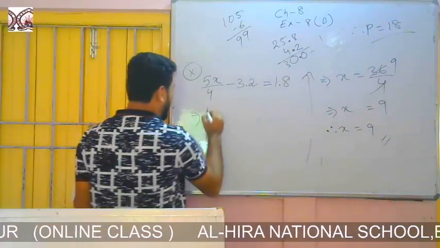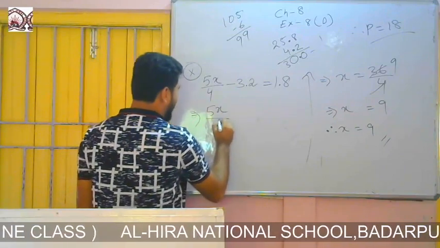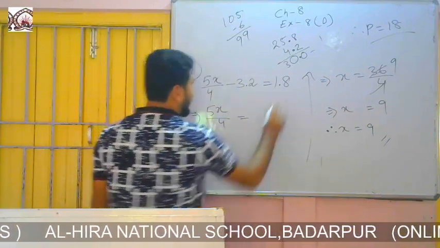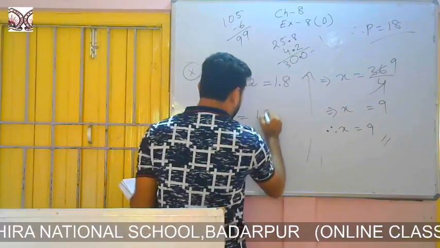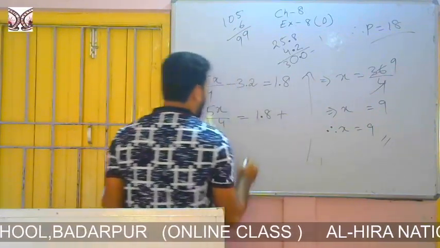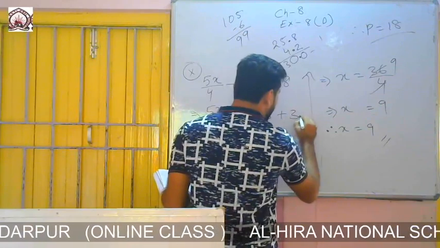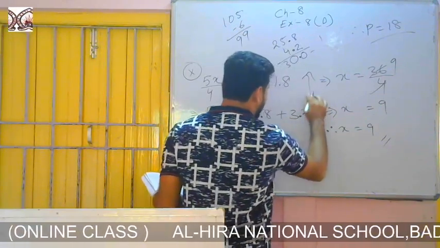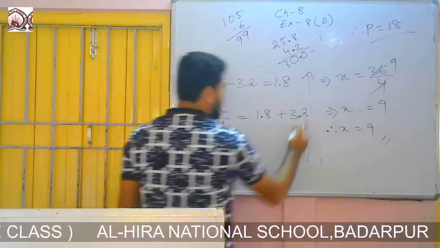Then I can write 5x by 4 equals 1.8, and here it is minus, so if I take it to the right side, it will become plus 3.2.